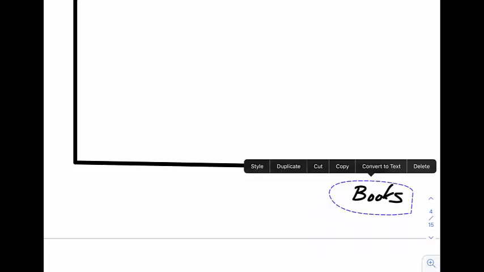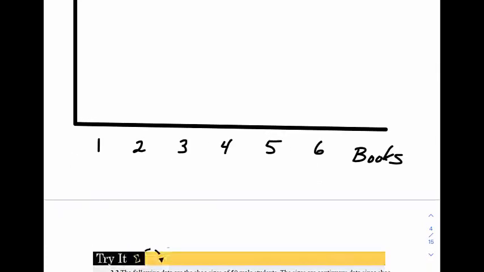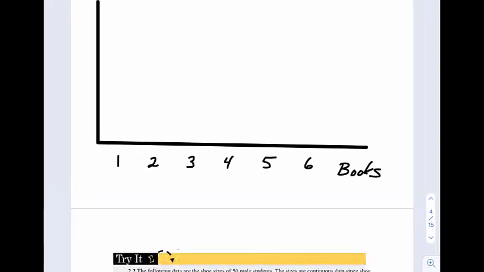So the number of books bought. Okay, once that is achieved, I'm going to label that. The first one there is 1. And so I don't want to place these numbers between, but kind of in the center. These would label the middle of each bar we're going to produce here.